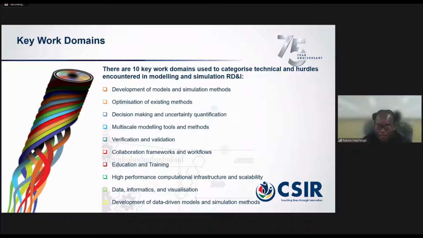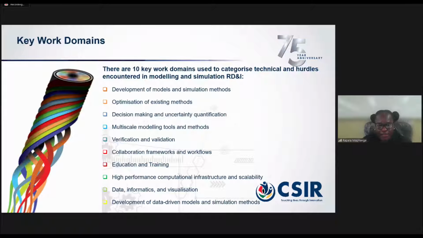And from the desktop studies that we conducted, we found that there are 10 key work domains that are used to categorize technical hurdles encountered in modeling and simulation research, development, and innovation. And these challenges are cross-cutting.